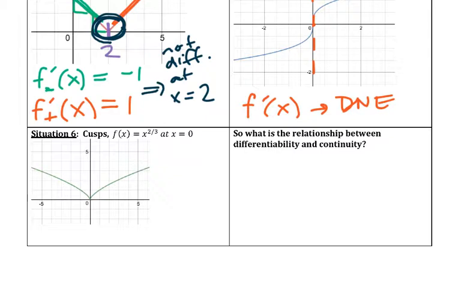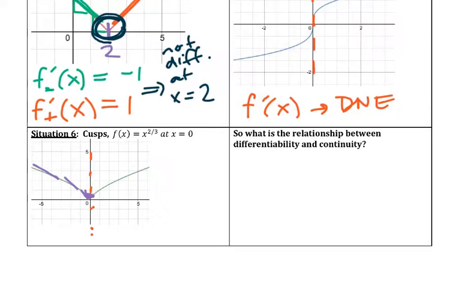Next, let's look at cusps, situation 6. This is a similar situation if we're thinking about the derivative as the slope of a tangent line. If we're drawing tangent lines along here, they get more and more vertical until you get to this point at x equals 0 where your tangent lines actually do become vertical. If you zoomed in, you would have a vertical tangent line here.